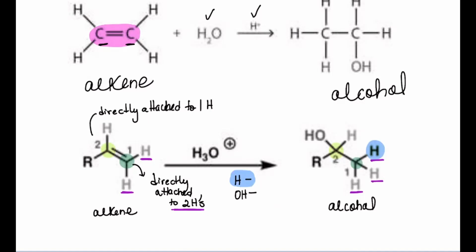Now, when we pay attention to what happened to the OH, we can see that the OH went to the carbon atom specifically that had the least number of hydrogen atoms attached to it.